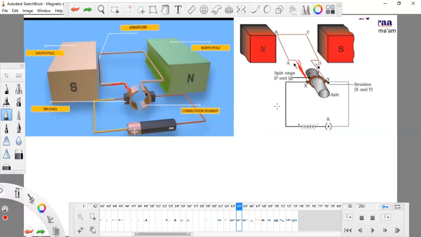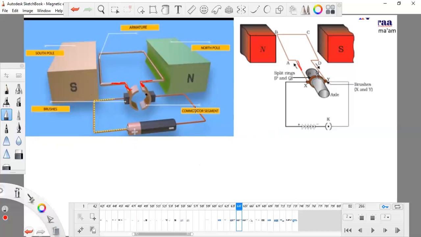In our book there is a mistake. The diagram is wrong, but what they wrote is that this armature ring is connected with this split ring, and this armature side is connected with this split ring. They are not in connection with these brushes.